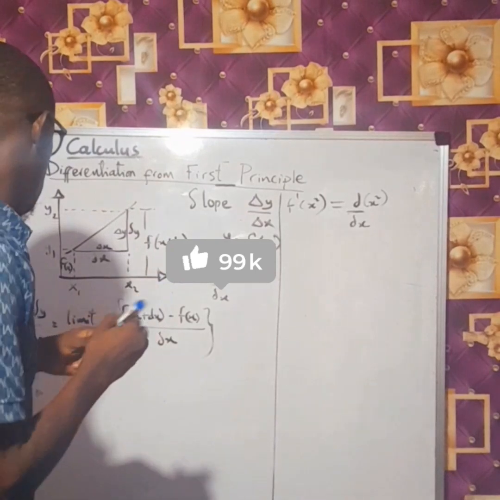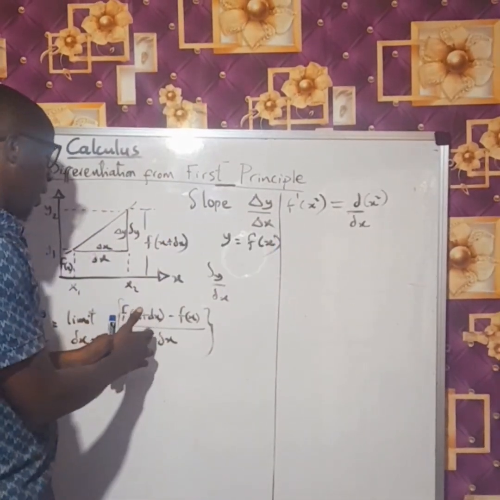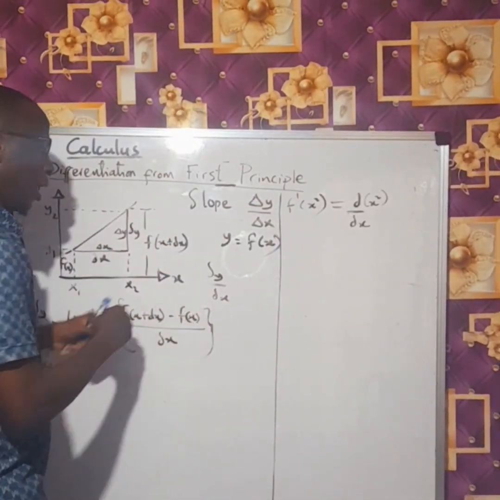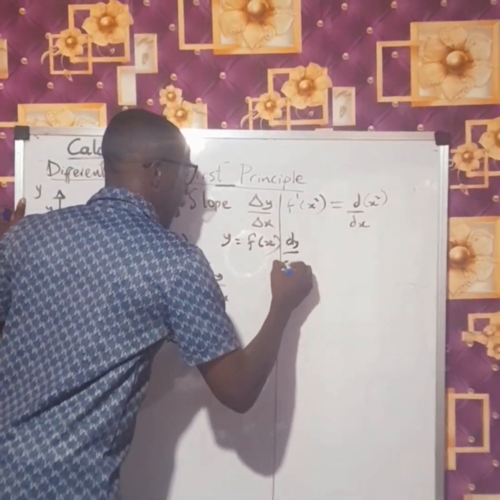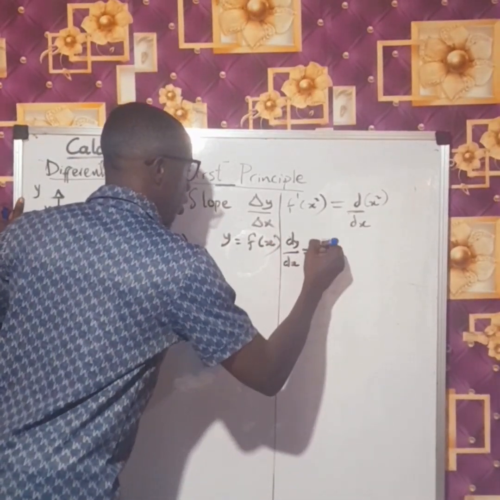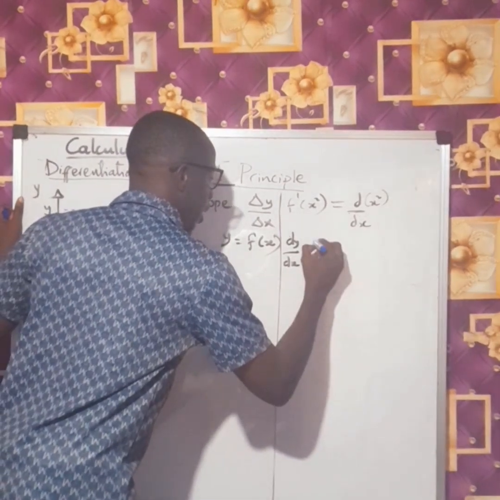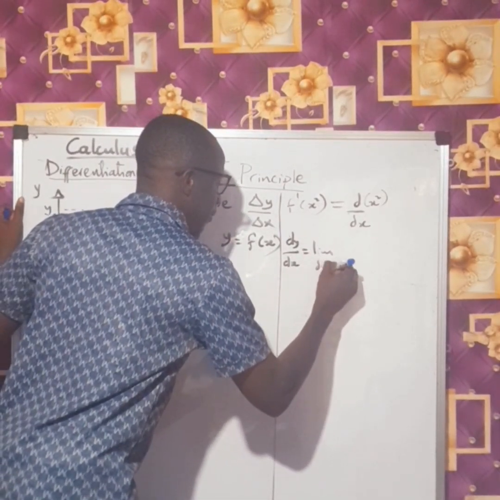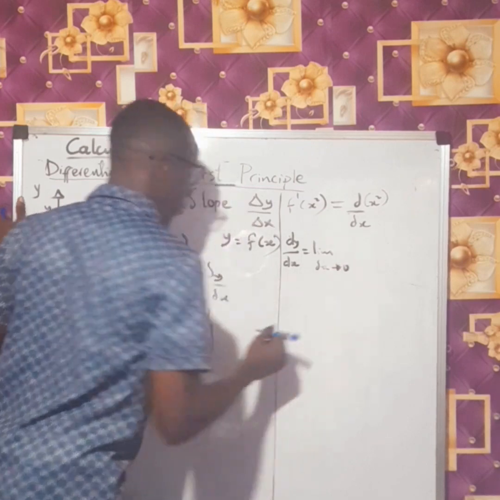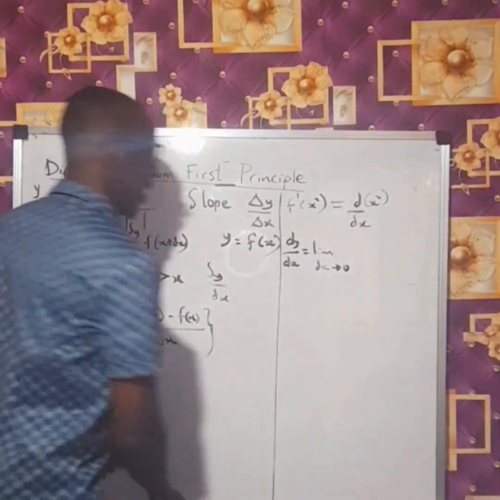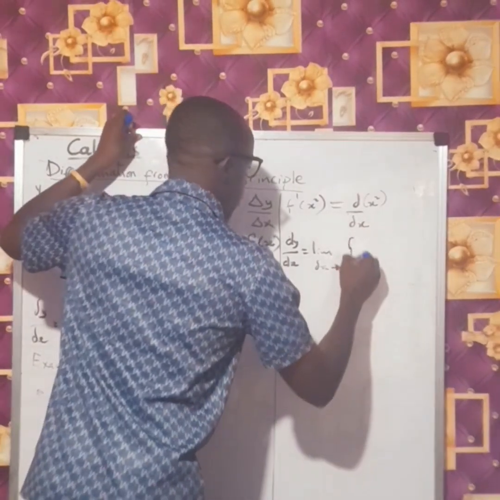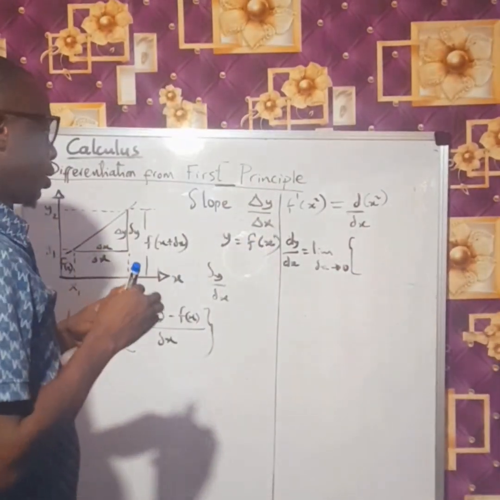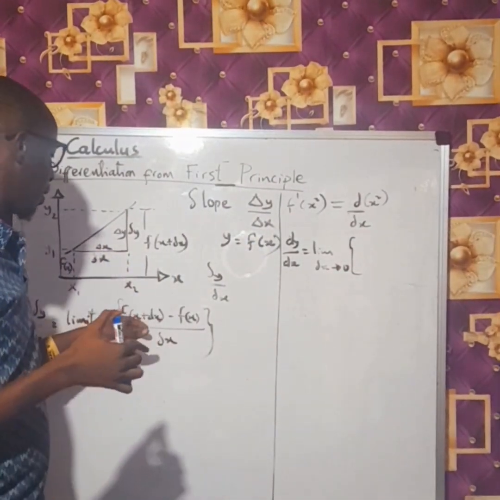What will I do? The first thing, I'll come here and take the whole of this. I'll say dy dx is equal to the limit as dx tends to 0 of, now the first thing I look at is x plus dx.